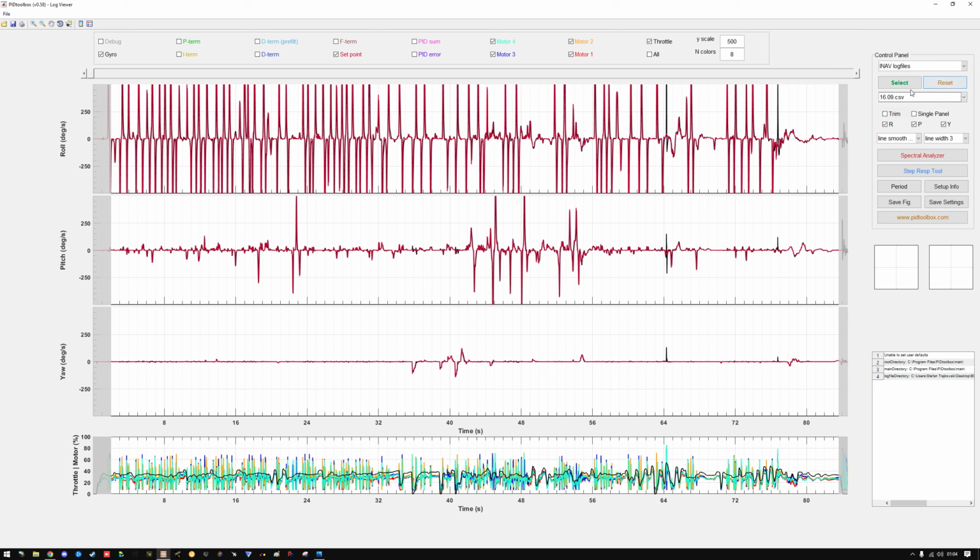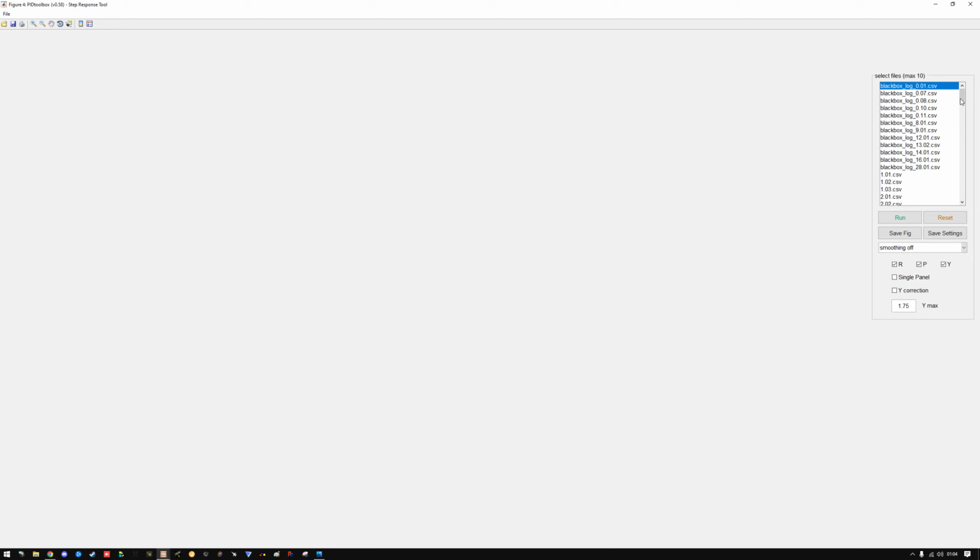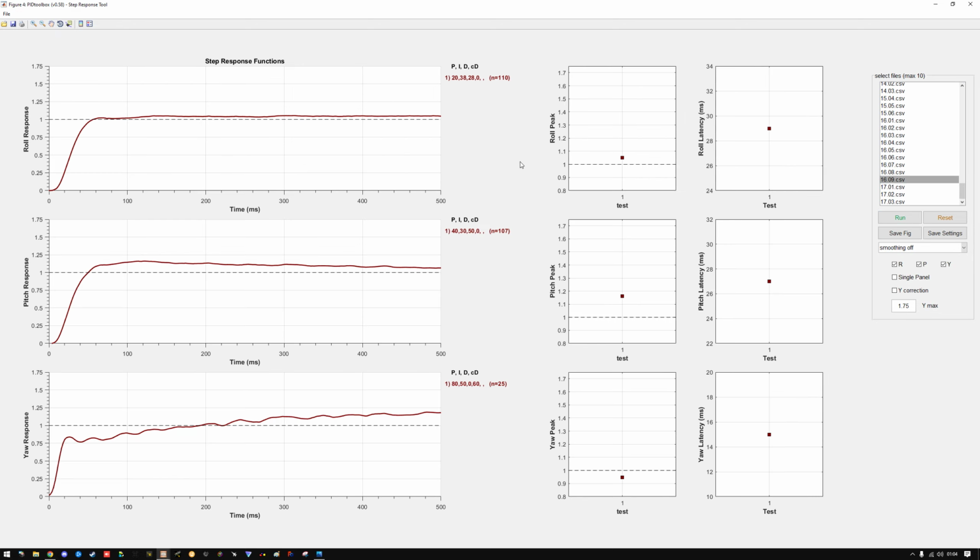But anyway, if we go back to the step response tool and scroll down to one of the last flights, we can see that we've reached a very good P, I and D balance. But I'm not too happy with this, because I do still have this slight bounce back.